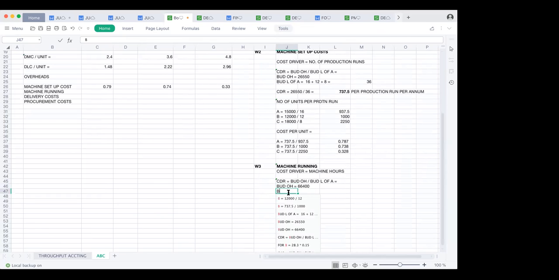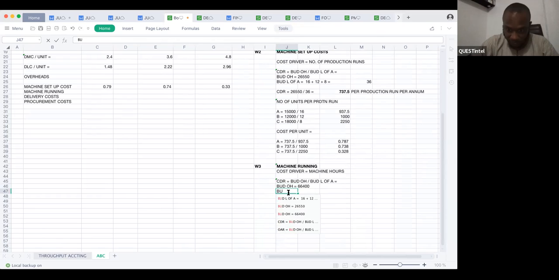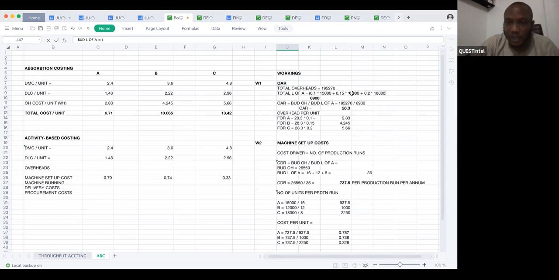Now, our budgeted level of activity. This one is volume driven, so we're saying machine hours. We'll do something similar to what we did here, but now it's machine hours rather than labor hours that is driving it.